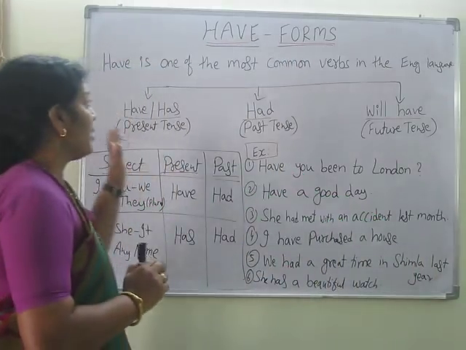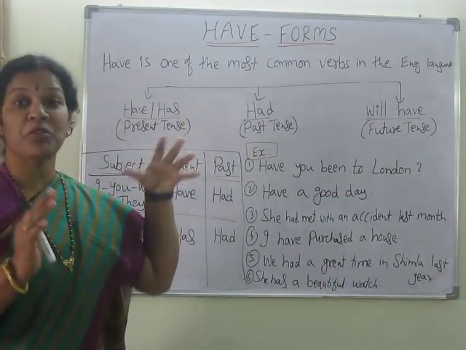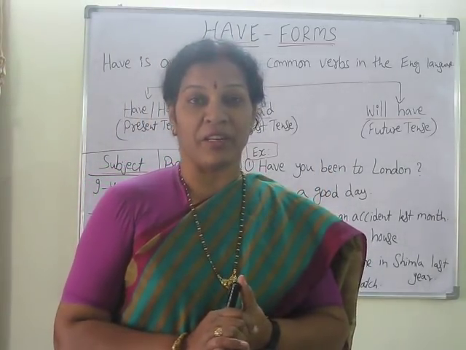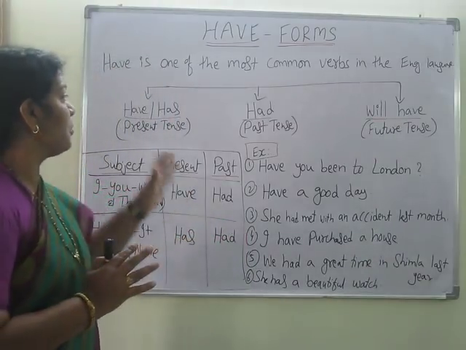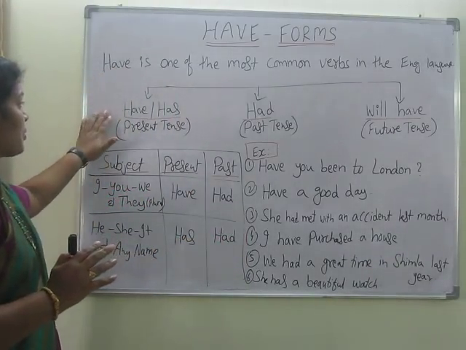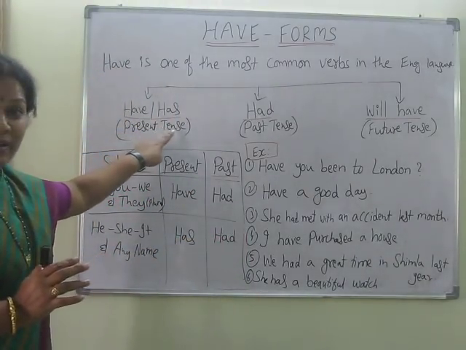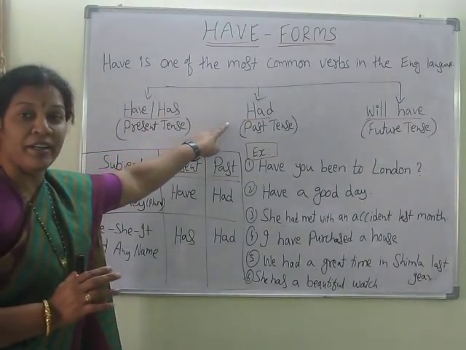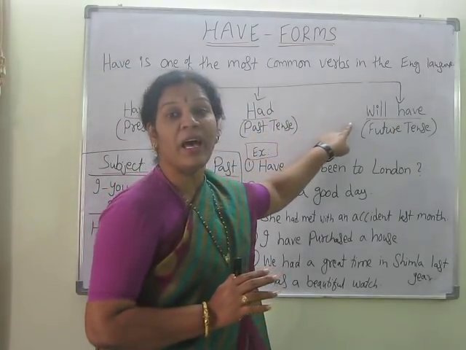In the English language, have is one of the most common words we use. This can be divided into three parts. First one is have or its oblique form has. Second one is had. Third one is will have.